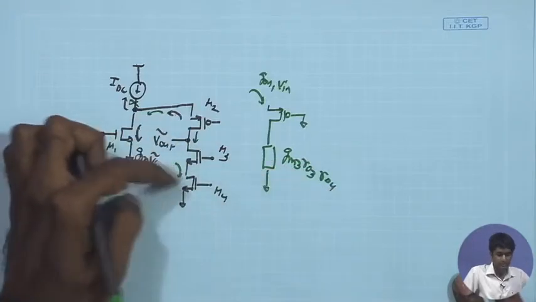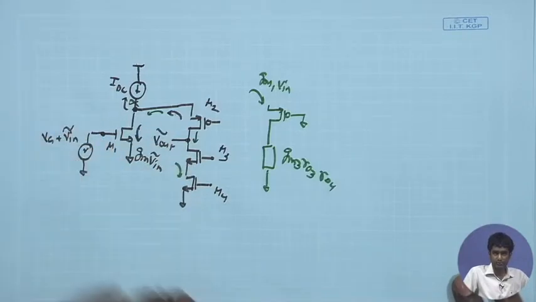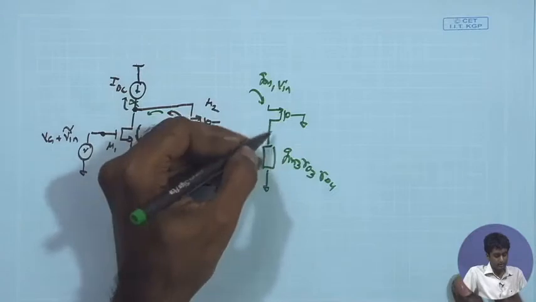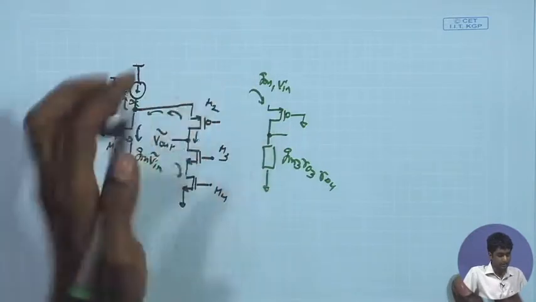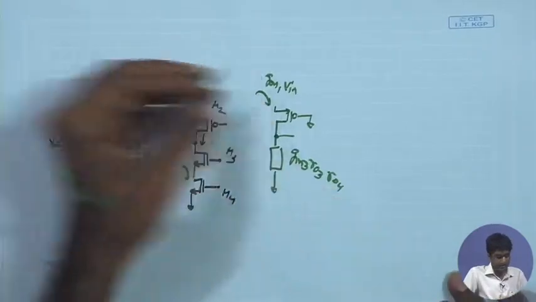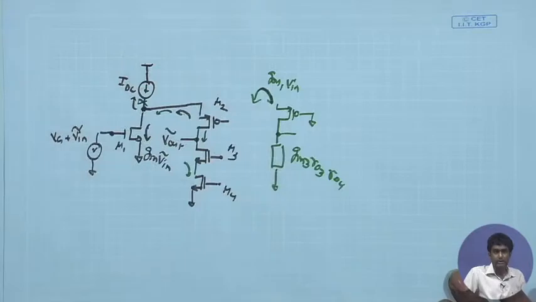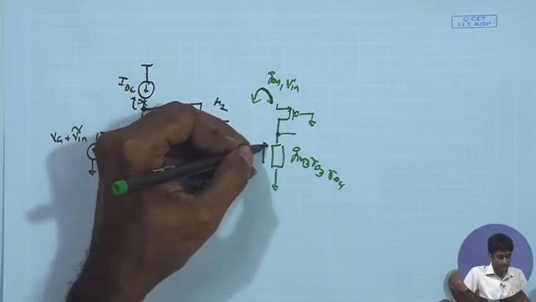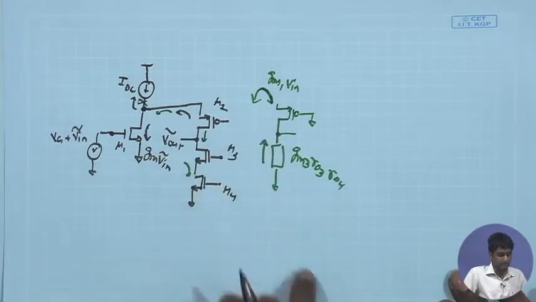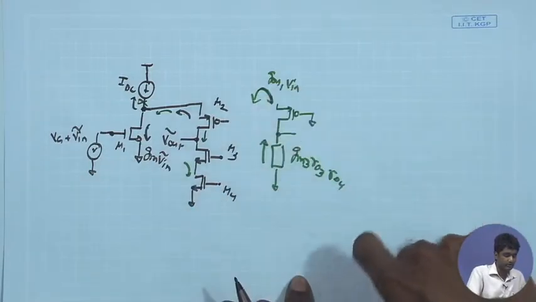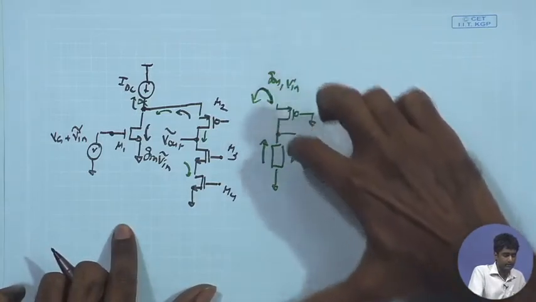So, impedance looking into the drain of cascode device is going to be gm3 ro3 times ro4, and as a result, whatever signal comes in over here. So, if I draw the directions correctly, the gm1 V in is from the drain to source. So, the gm1 V in direction is this, and as a result, the same current, whatever current enters into the source of M3 should be coming out of the drain of M3, and as a result, this current will be getting multiplied by this factor.